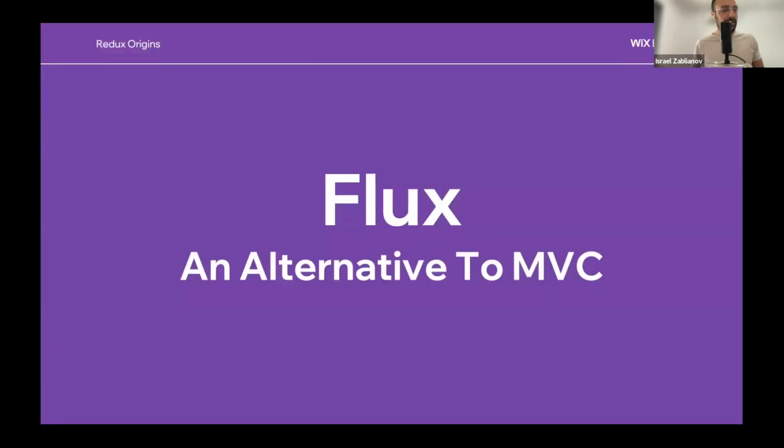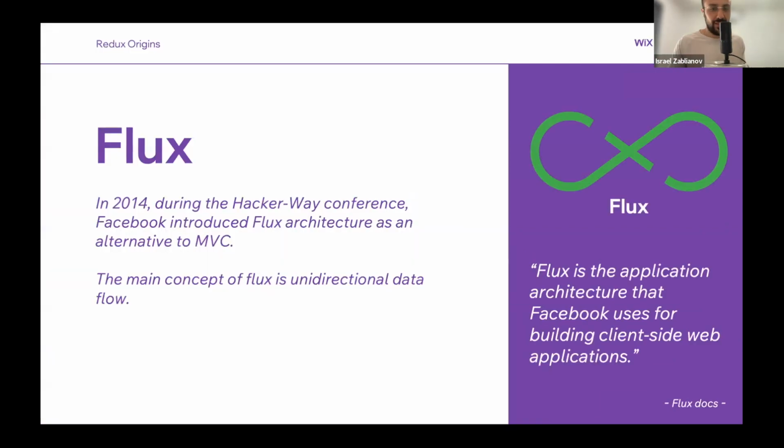So what Facebook did, they created Flux, an alternative to MVC. In 2014, during the same conference where Facebook said that they cannot use MVC anymore, they announced the Flux architecture, a counterpart to MVC.